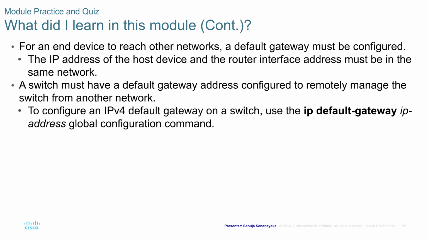So for example, ip default-gateway 192.168.10.5 and press enter, and that will give you the default gateway address for that Cisco switch in global configuration. Basically, it will allow you to access your Cisco switch remotely for management and configuration.